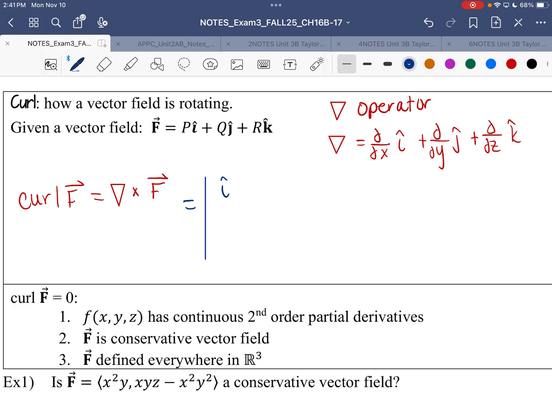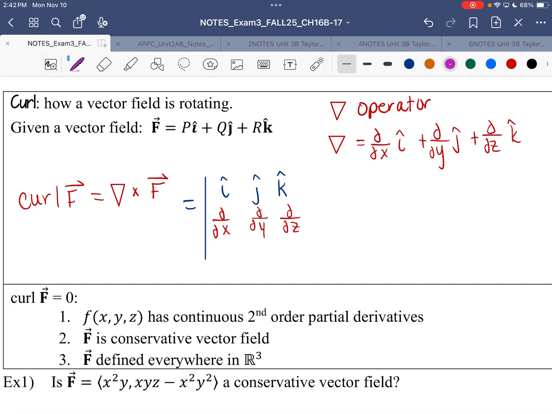IJK. And the order is significant here. We're doing the operator, the Dorito operator, so you're doing the partial derivatives in the second row, and then whatever the values are for the second term.